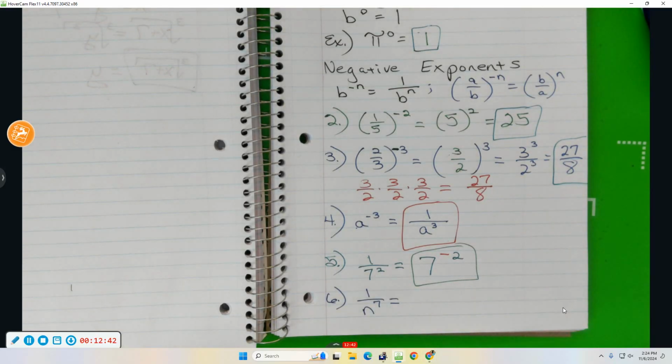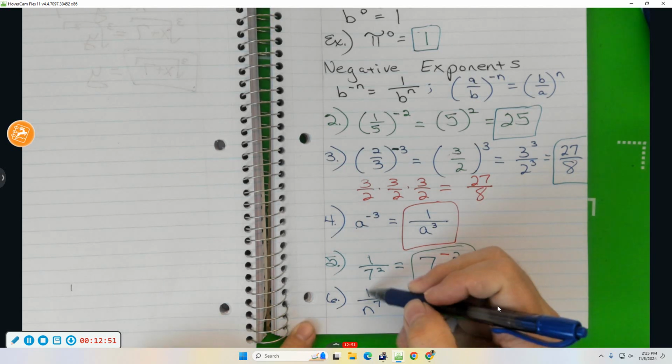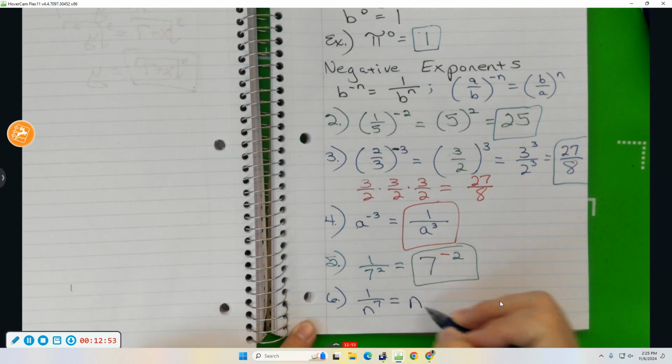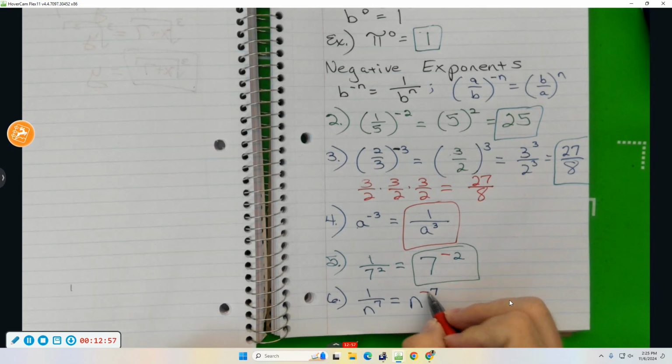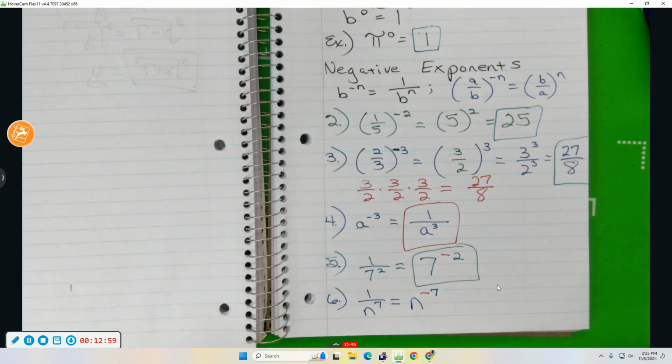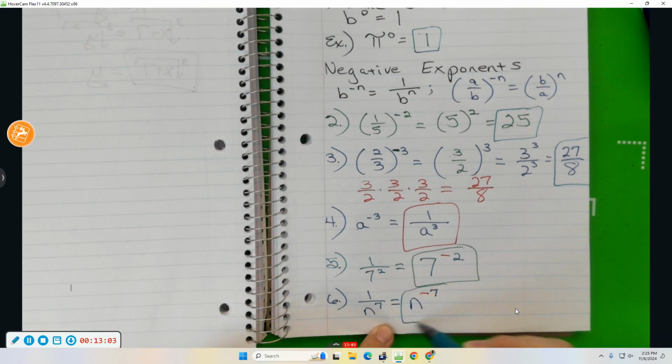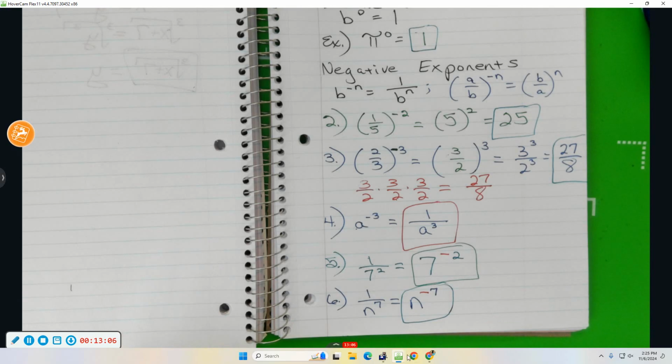Okay. Drop the 1 over. You have an n. You change that exponent 7 to the negative 7. So n to the negative 7 power. It's the same thing as 1 over n to the 7th.